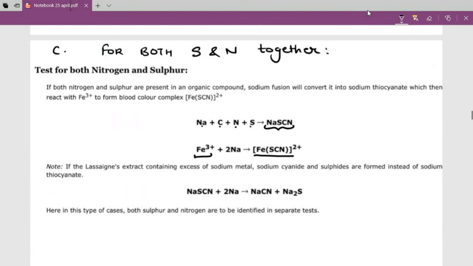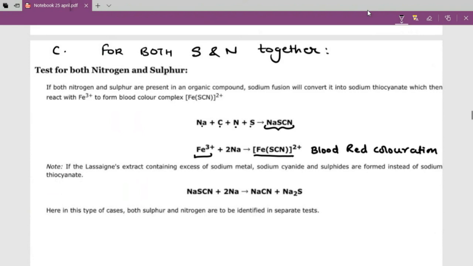Okay, this particular complex cation gives a blood red coloration. It appears like a blood red color.